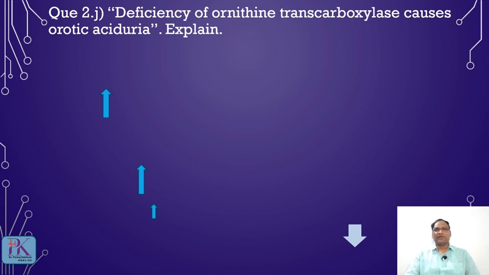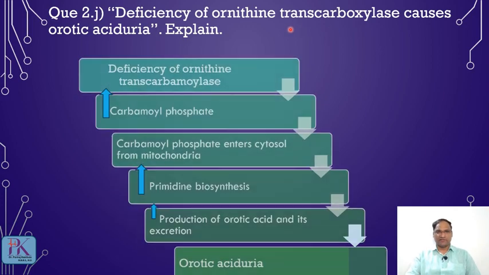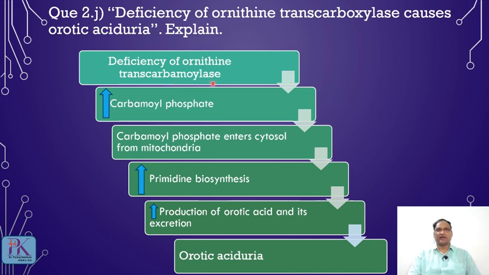Deficiency of ornithine transcarboxylase causes orotic aciduria. This is a statement and you have to explain why. First, I want to state that I think in place of transcarboxylase there should be transcarbamylase.